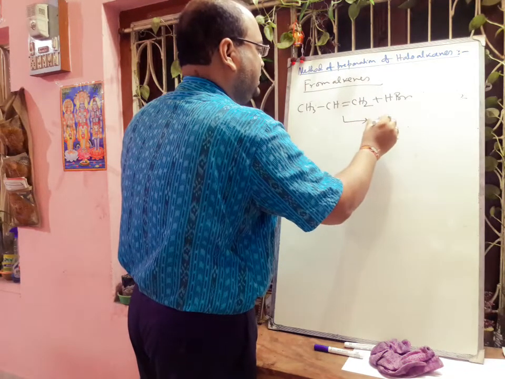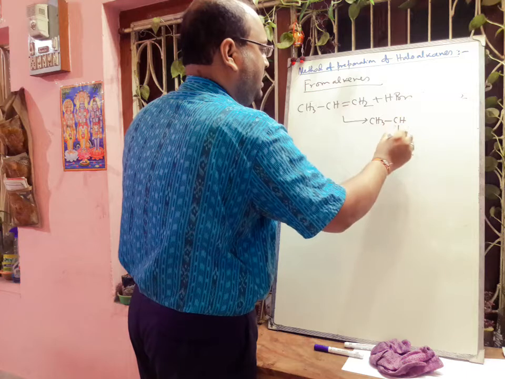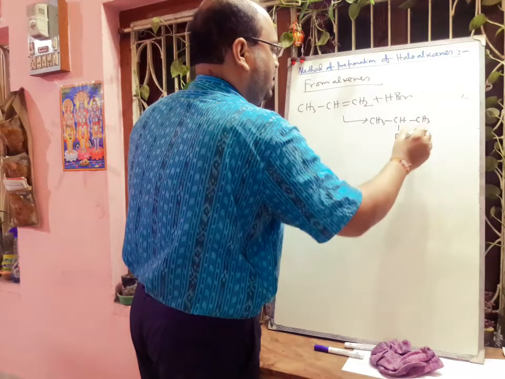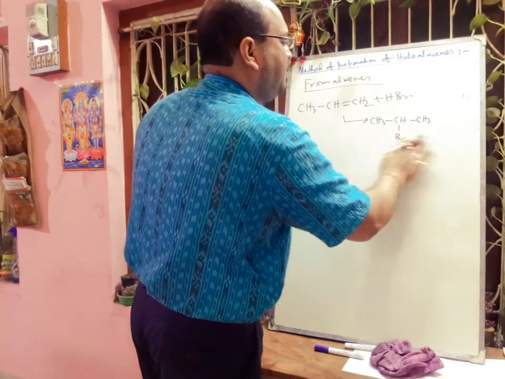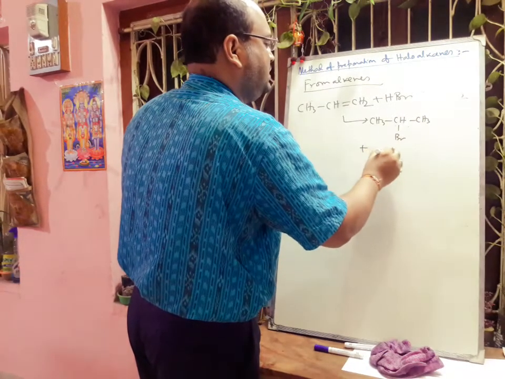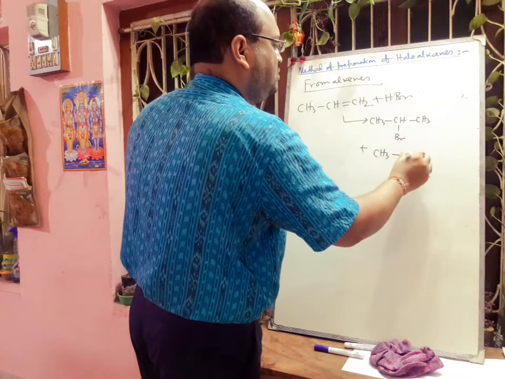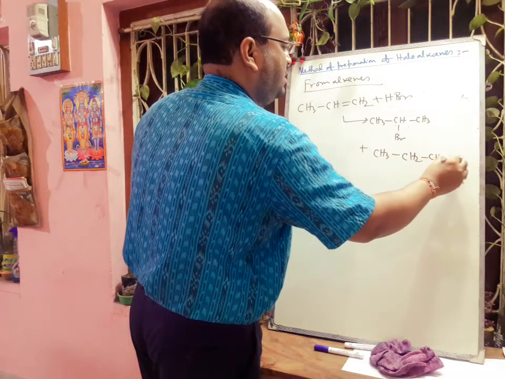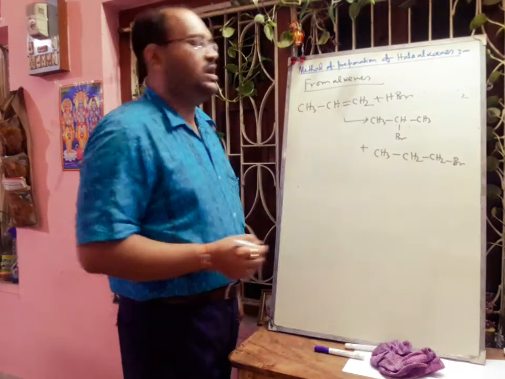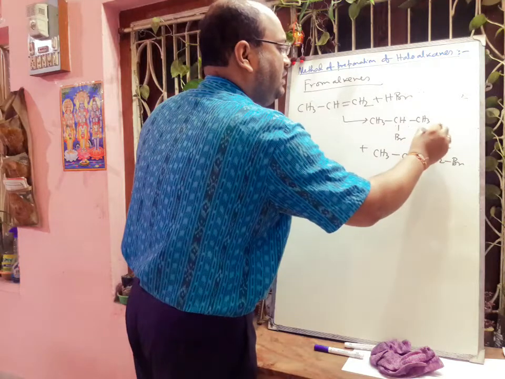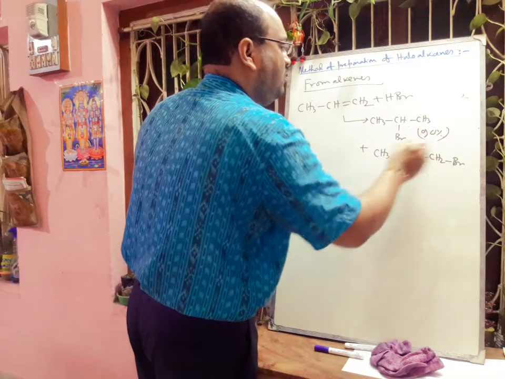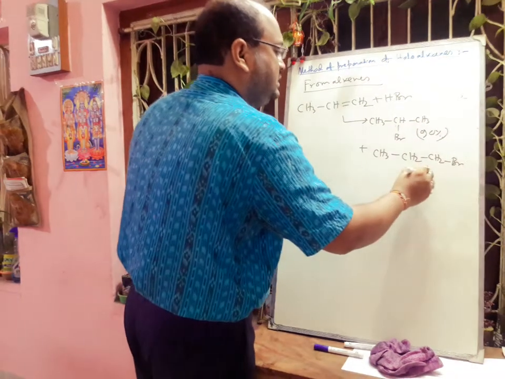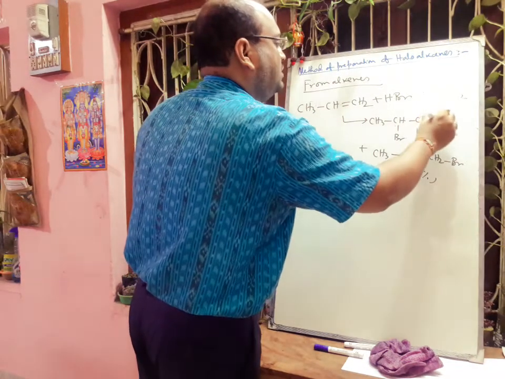One is CH3CHBrCH3 plus CH3CH2CH2Br. But which one will be the major product? This one will be the major product, 90%, that is 2-bromopropane, and this is 10%. So this is the major product.